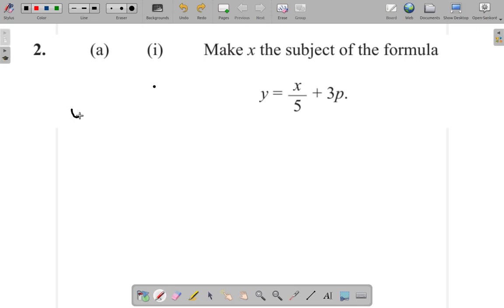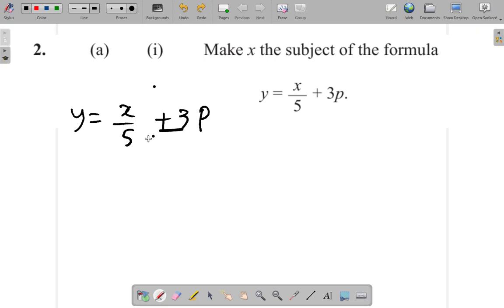You have the formula y is equal to x divided by 5 plus 3p. Now, one thing you can do is to multiply everything by 5 so that you have no fractions.